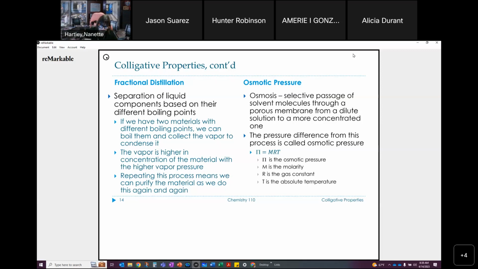When we talk about osmosis, we have a membrane. This is called a semi-permeable membrane. And what that means is that the water can move through it, but whatever is in solution cannot. Okay, so if I have different concentrations on the two sides of this, so this is a 1 molar solution, this is a 0.1 molar solution.